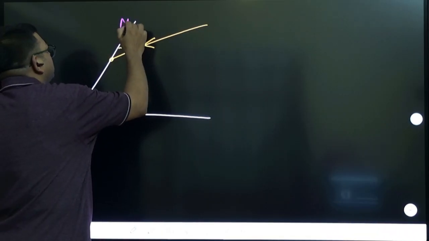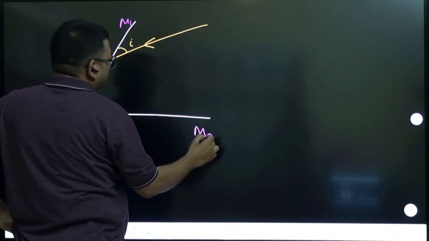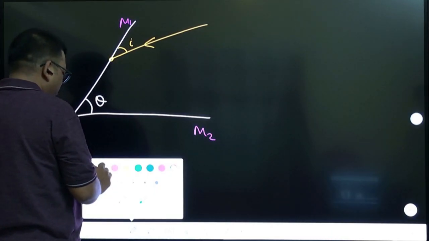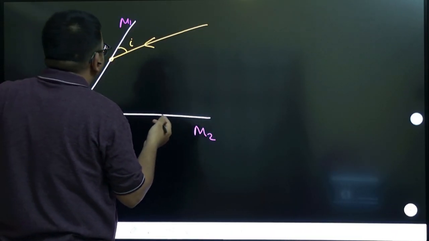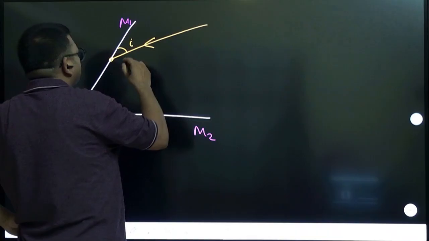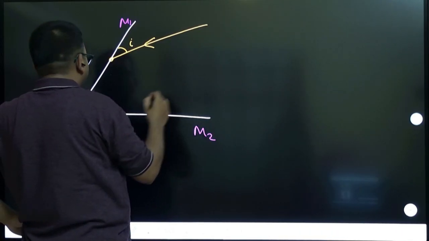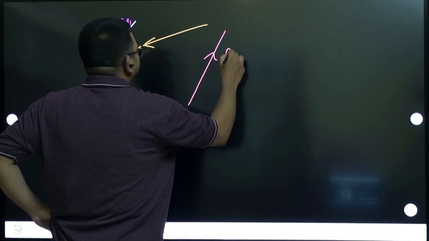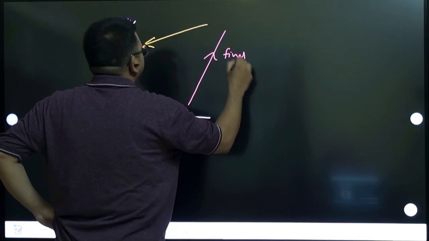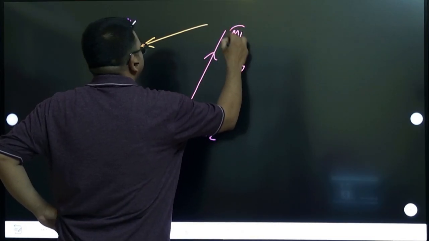Let us say this is first M1 and this is second. So after reflections, it will become parallel to this mirror. So the final ray has to come like this, parallel to the first mirror.